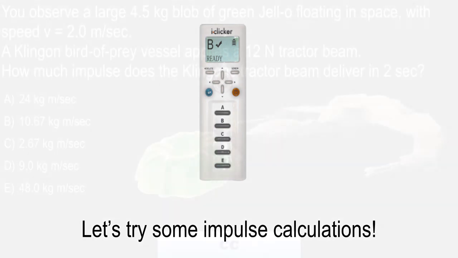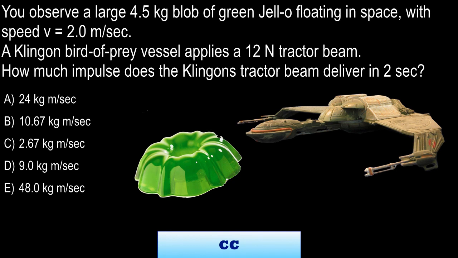And the first one is from outer space. All right. You observe a large 4.5 kilogram blob of green jello floating in space with speed v equals 2.0 meters per second.